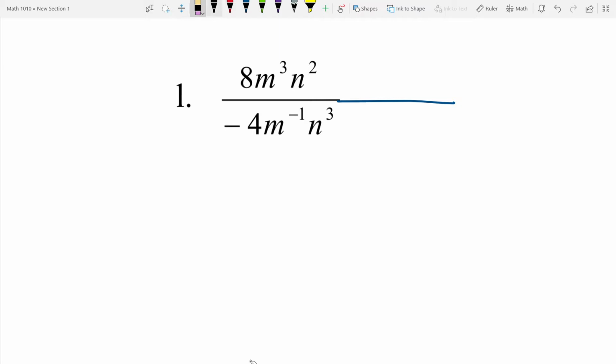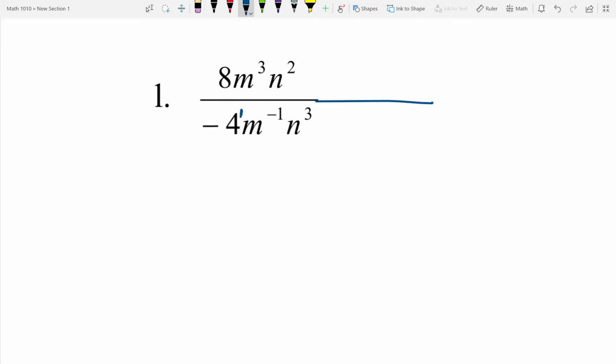Who cares if it has a negative sign? It's the exponent I care about. Guys, look, that negative 4 is to the first, so he's not going anywhere. The only thing I have to move is this guy right here. So now take your pencils and bring that m to the negative first up, and it becomes an m to the positive first. What about the negative in front of the 4? Who cares? The number's just a negative.